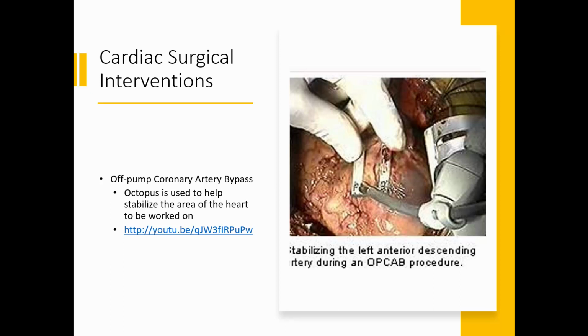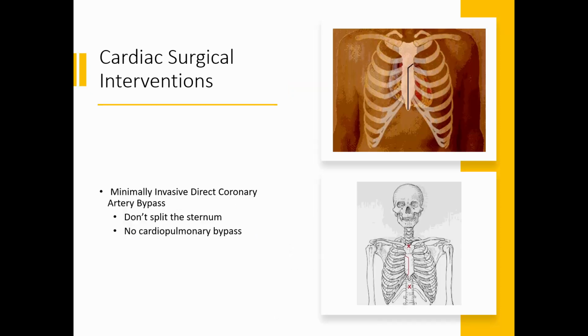Your traditional CABG, they actually open you up. They open up your sternum. However, we now have open heart surgery that is minimally invasive. This is a great example of a minimally invasive. What they do here is there's no thoracic incision. They just make a 2-inch incision in the rib on the left side, the second one.